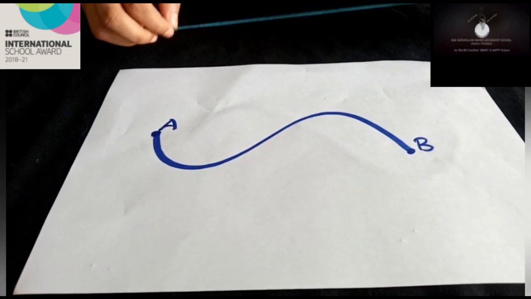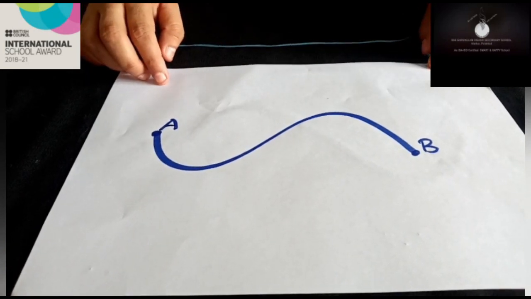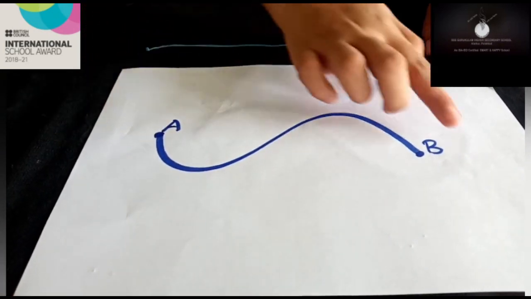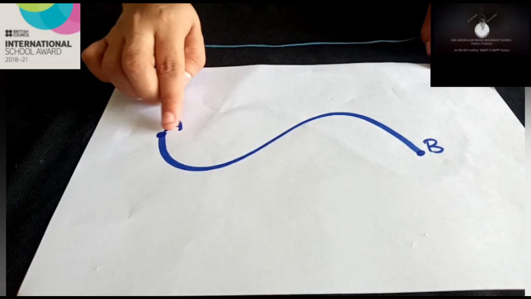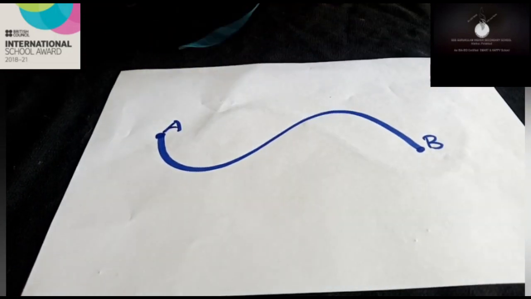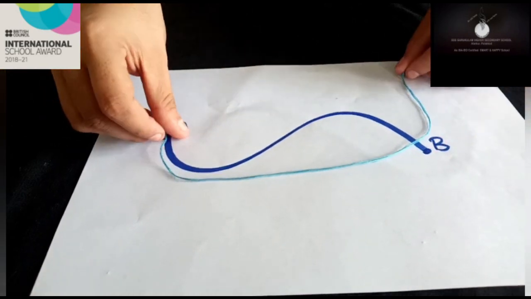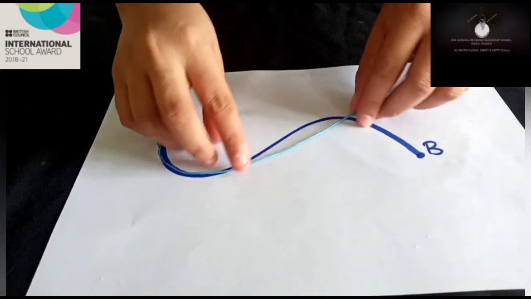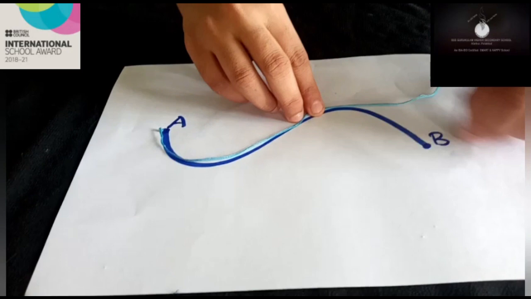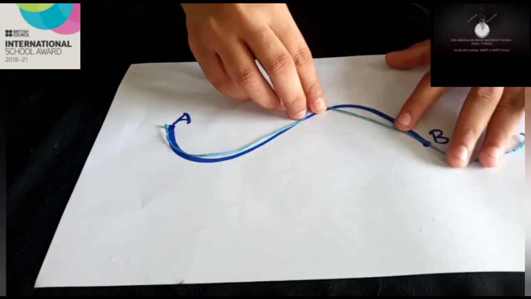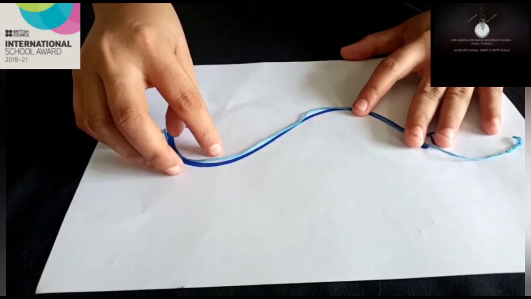Yes, now we got the idea. If we want to measure the length of a curved line like this with endpoints A and B, take a thread first and place the thread over the curved line like this.